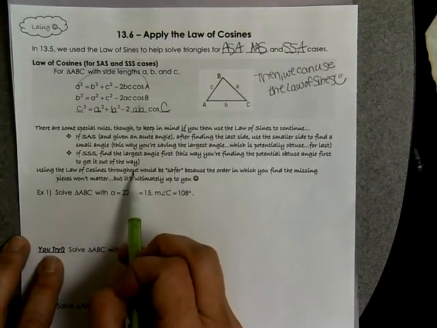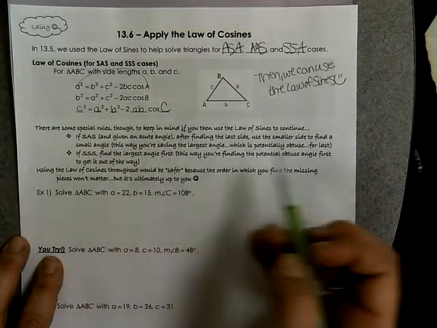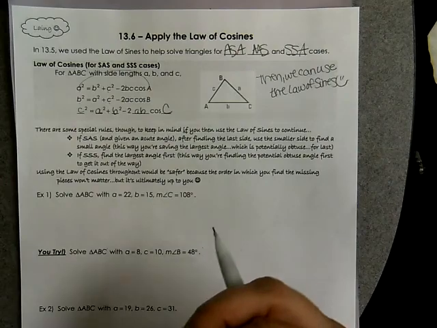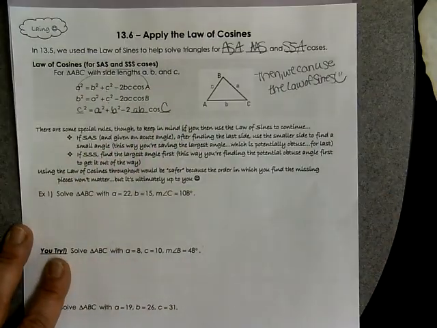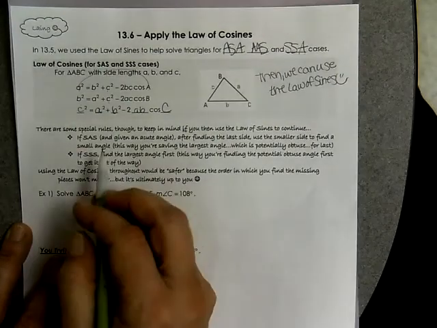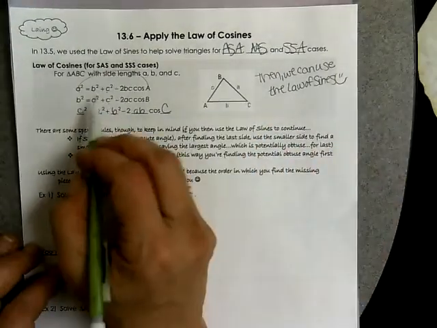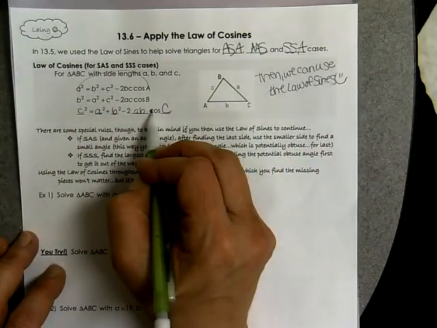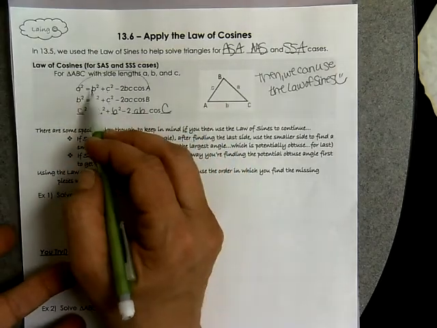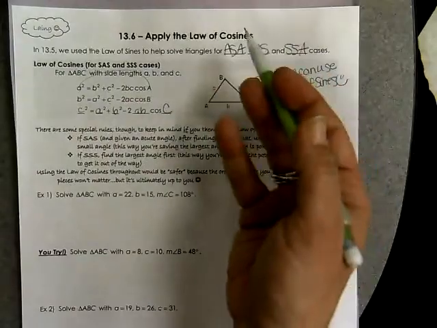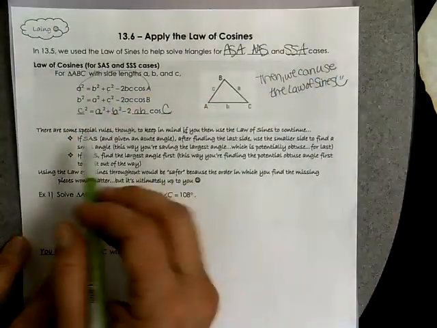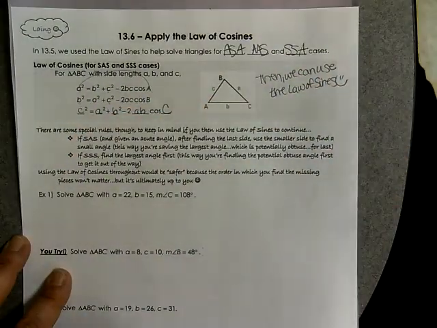Using the law of cosines the whole way is safer because the order doesn't matter, but sometimes the law of cosines can be cumbersome for people. So here's what we'll do: we're going to attack these by starting with the law of cosines, and you have to use the law of cosines because the law of sines won't work for those cases. So if law of sines doesn't work, go to law of cosines, and then we'll use the law of sines.